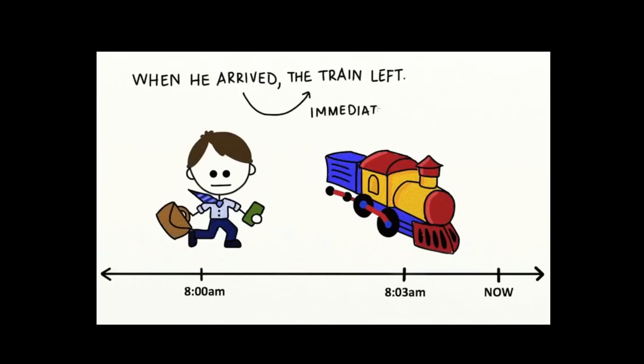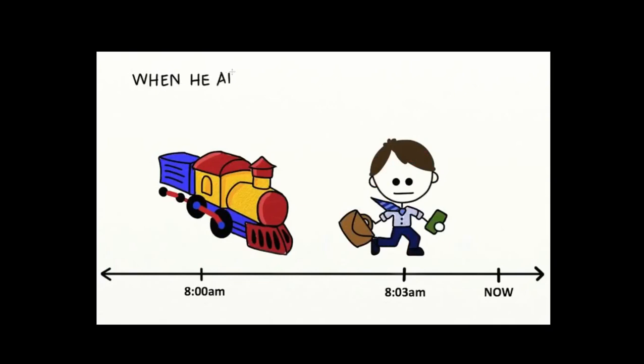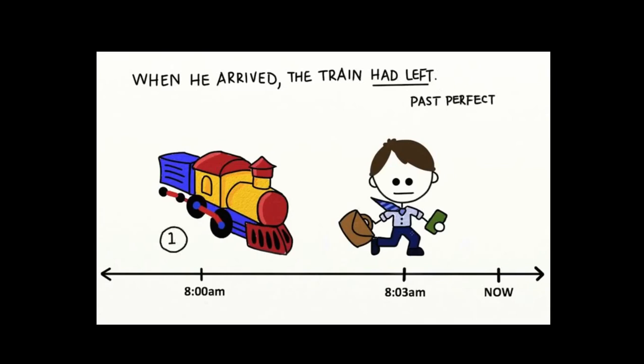This means he arrived and the train left immediately after, so at the same time. But if we say when he arrived the train had left, this means that the train left first and then he arrived, so he missed the train.